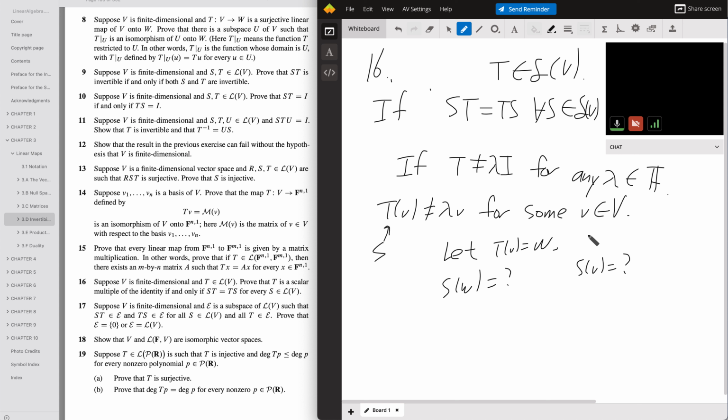So let's say S of V equals G, I don't know, something. And T of G. Or better, why not just make S of V 0, then T of 0 is forced to be 0, right? This not equal 0. Well, I don't know that.